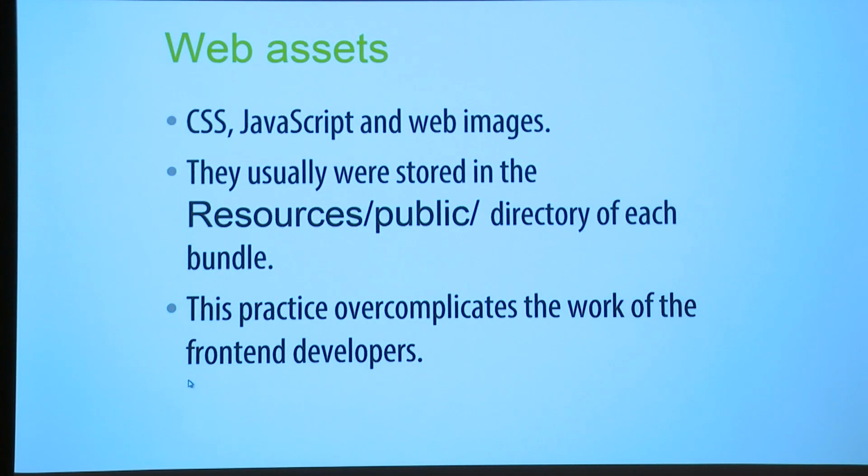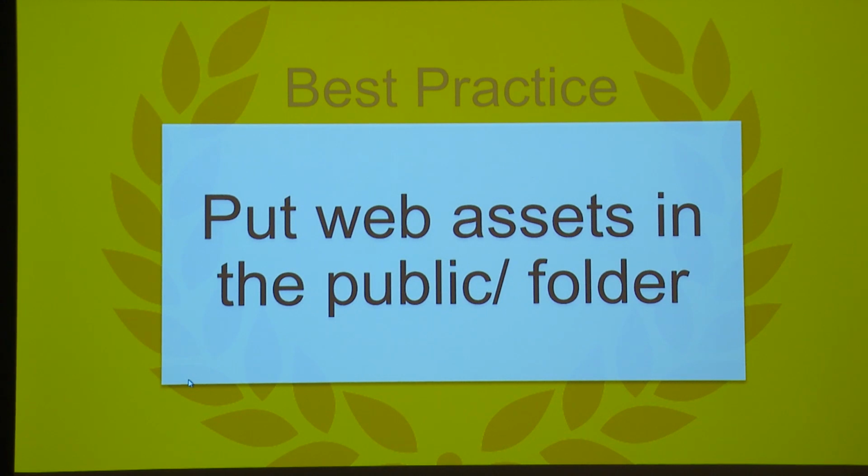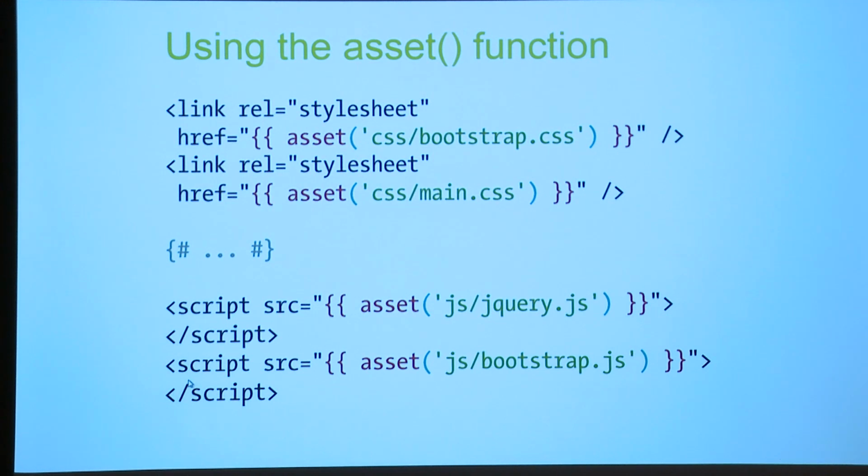Okay, let's talk quickly about assets. So we used to use Assetic for everything that is related to assets. So assets are CSS, JavaScript, and images. They were in Resources/public of each bundle. Now we just want you to put your assets into the public folder. Okay, so just put JavaScript, CSS files, images there, and just reference them using this asset function.